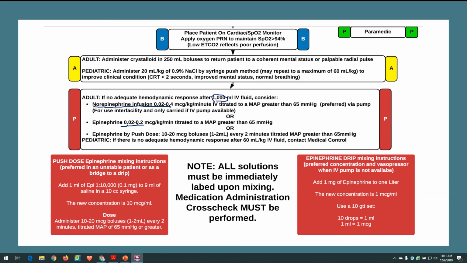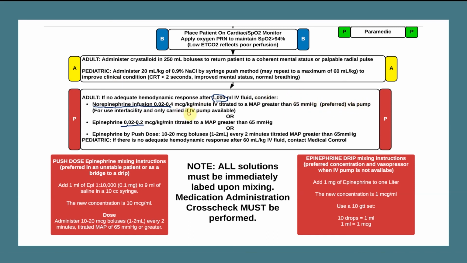So you'll see that we have in our protocol norepi, but we're not going to carry it unless there's an IV pump available. So you've got to have an IV pump, or you can use it in a facility if they've already established it, or you can request that they initiate a norepi infusion if you think that they need it, and then you can titrate it.